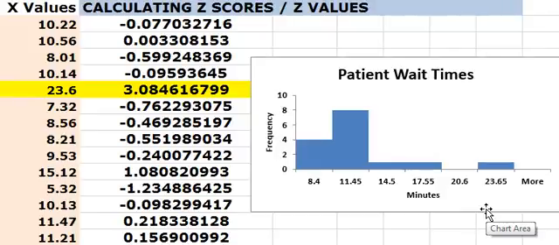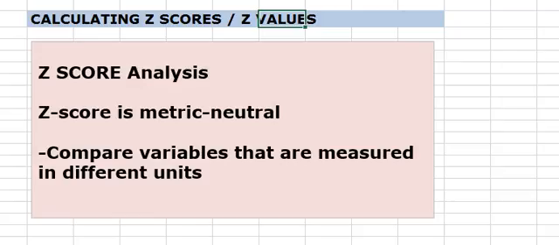It also brings up an interesting trait about z-scores. The data shape of the z-score remains the same as it was prior to the standardization. So the data shape remains the same after the z-score is calculated. Another interesting characteristic is that the z-score is metric neutral.